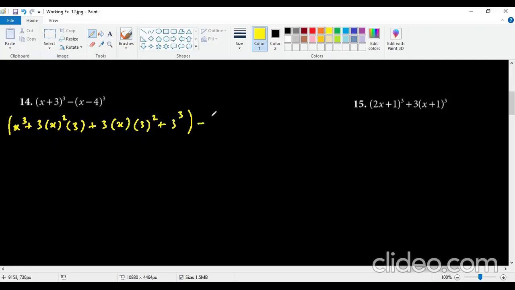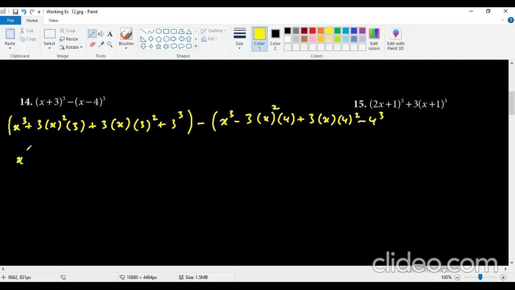First bracket, and then minus, is going to be a³ − 3a²b + 3ab² − b³.